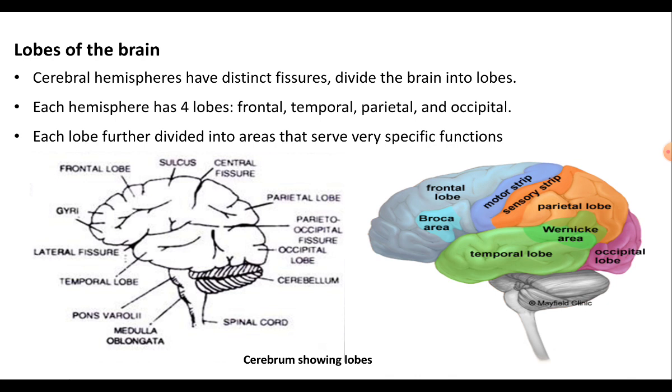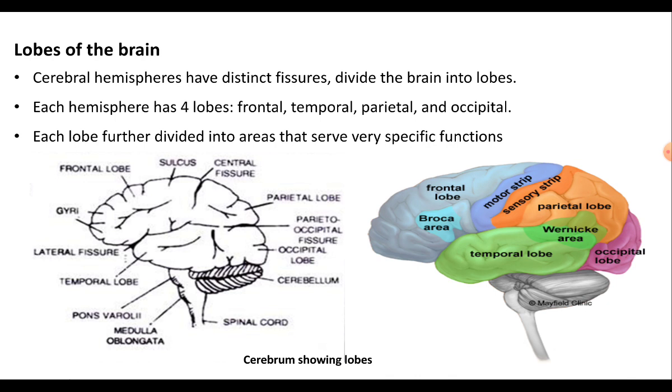Coming to the lobes of the brain. Each cerebral hemisphere has distinctive fissures, and these fissures divide each cerebral hemisphere into its lobes. Each cerebral hemisphere shows four lobes, named based on their position in the skull region.